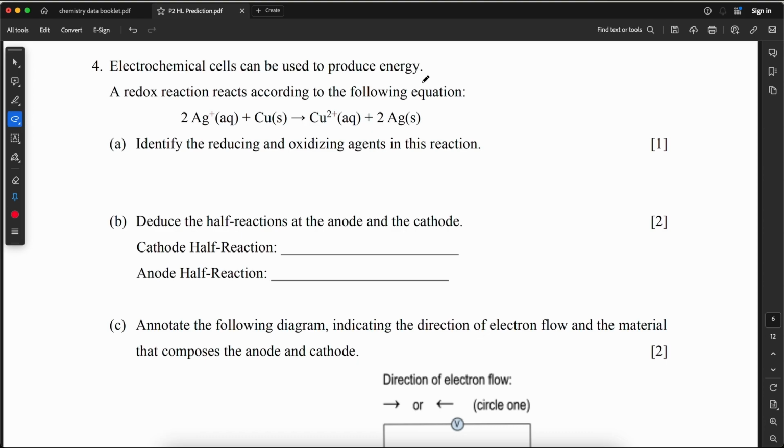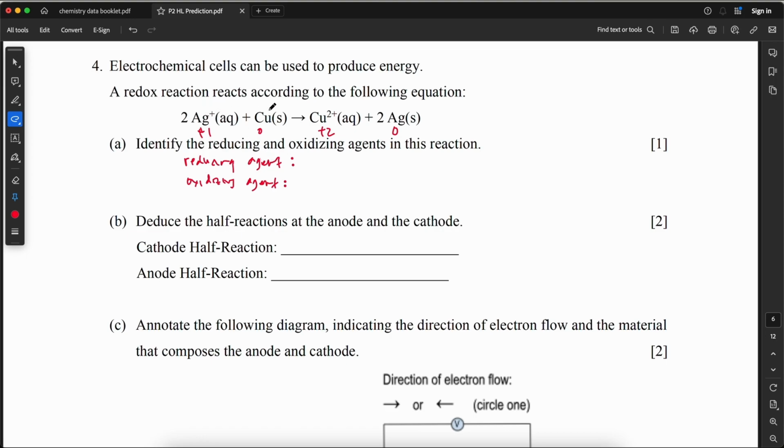Electrochemical cells can be used to produce energy. Identify the reducing and oxidizing agent in this reaction. This would be +1, and this 0, this +2, this 0. So the reducing and oxidizing agent, okay, reducing would be oxidation.